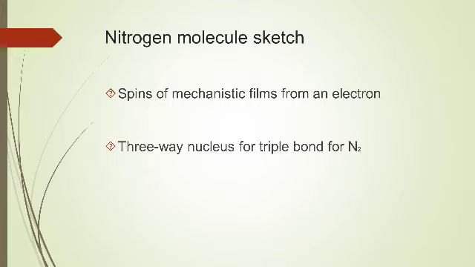Now, nitrogen is also something which I have a model of right here. I showed you how it fits together with a few little electrons. And it's a mechanistic film from an electron. And it's not some kind of quantum magic.